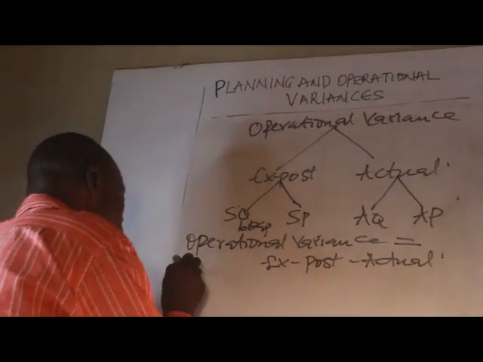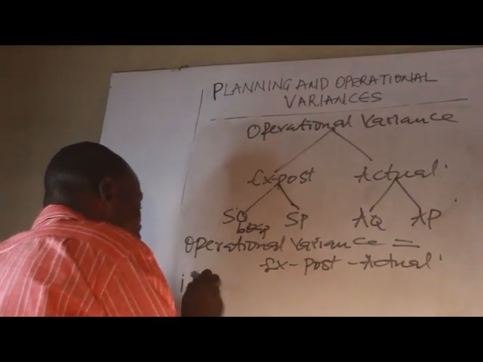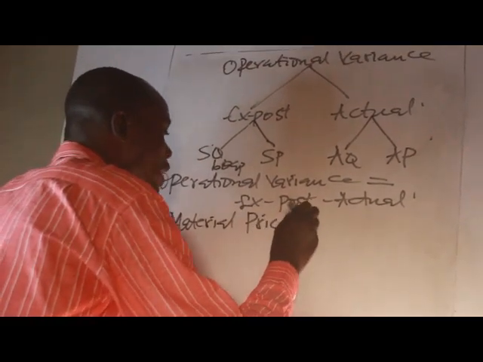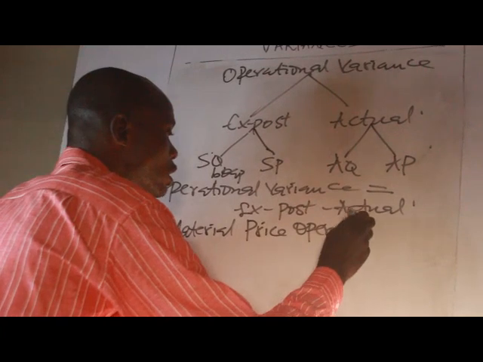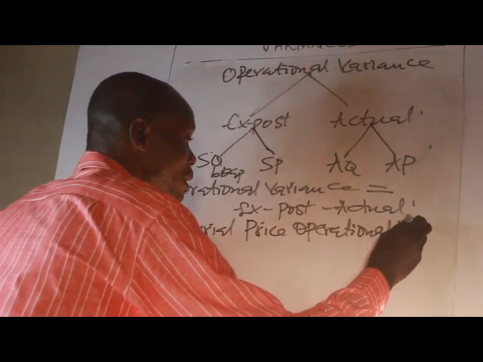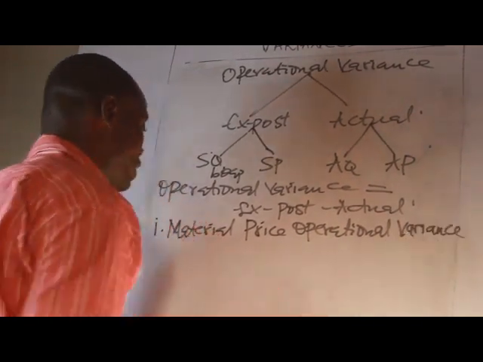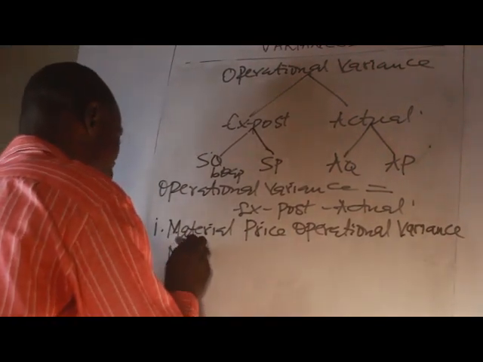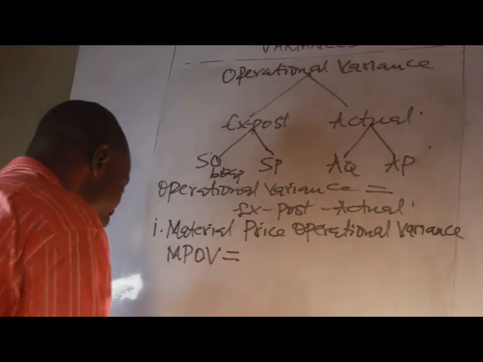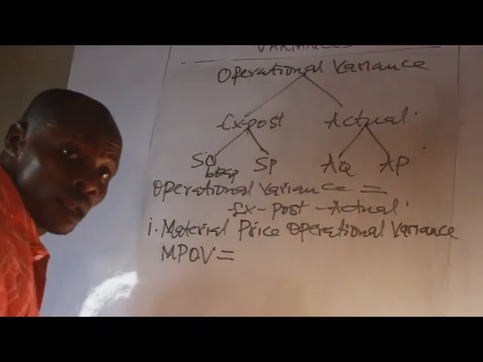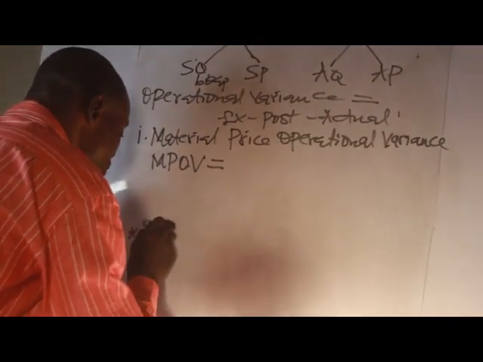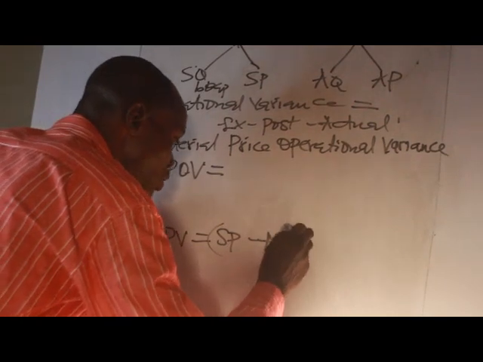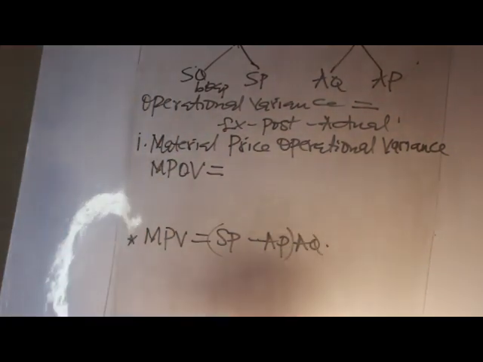Therefore, if you are to compute material price operational variance: under the basic variance, we say material price variance equals standard price minus actual price multiplied by actual quantity of material purchased.